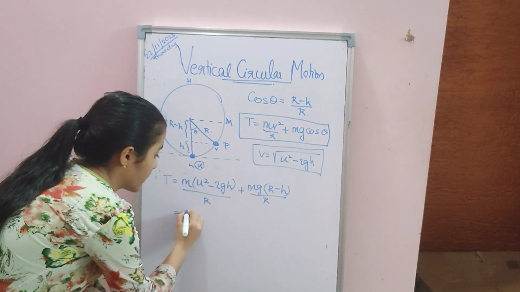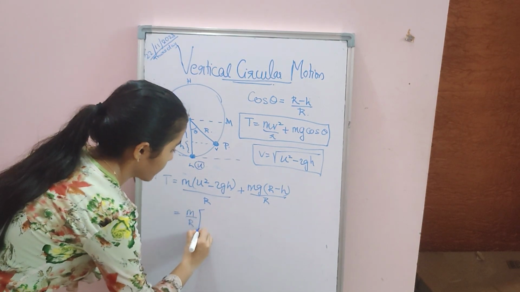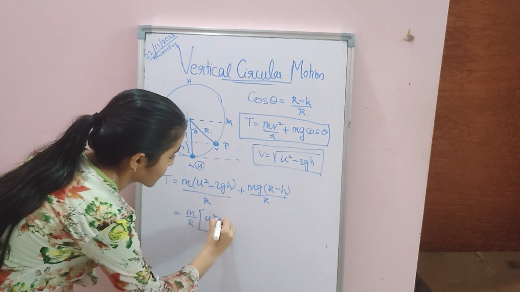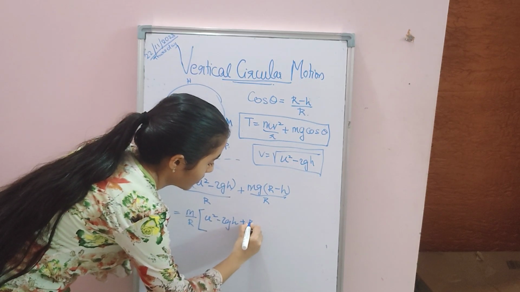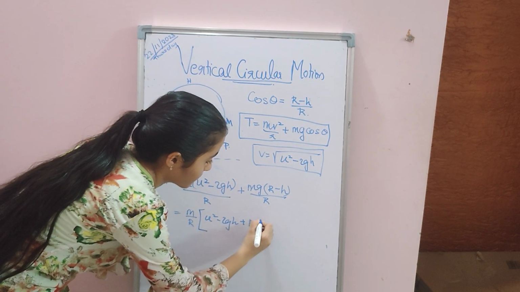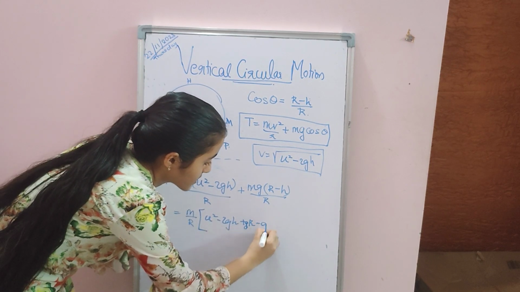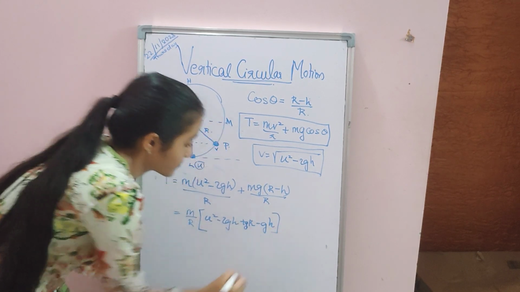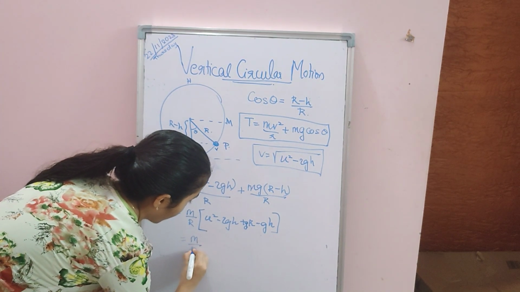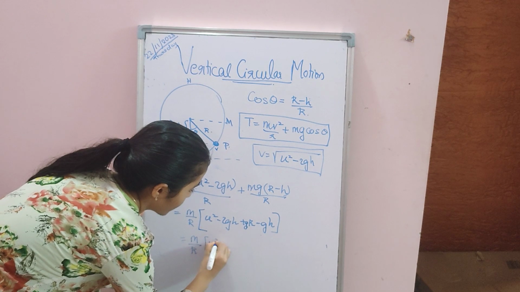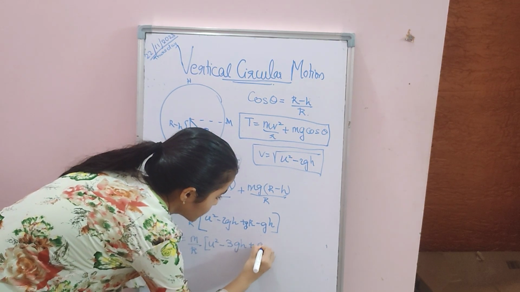Now we take m by r outside, then we put a bracket: u square minus 2gh plus gr minus gh, is equal to m by r into u square minus 3gh plus gr.